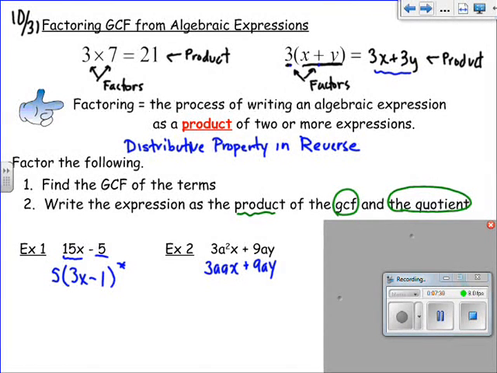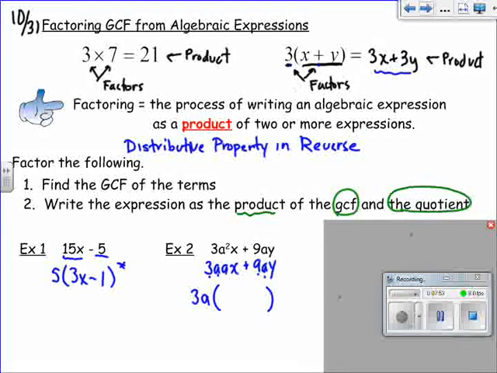First, look at your coefficients. The 3 and the 9 have a common factor of 3. So we pull out that 3. Both terms also have a common factor of a, right? So that's part of the greatest common factor, the a. We pull that out as well.